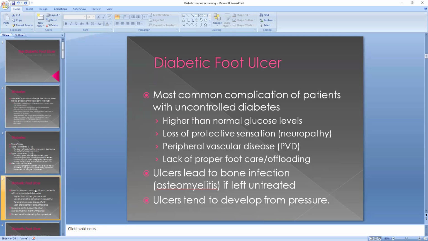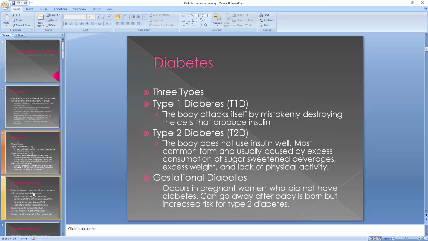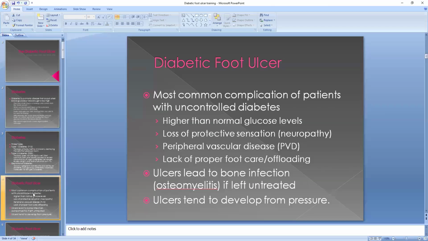Okay. So we talked about the three types of diabetes. Then the diabetic foot ulcer is the more common complication of diabetes. This happens when there's a higher than normal glucose level in the blood. This leads to damage of the protective sensation in the patient. So they start to develop this neuropathy where they lose, when you kind of step on a tack or something sharp and you're like, ow, well, they lose that sensation.